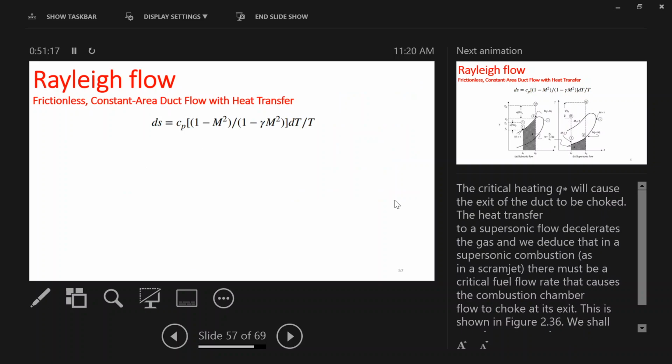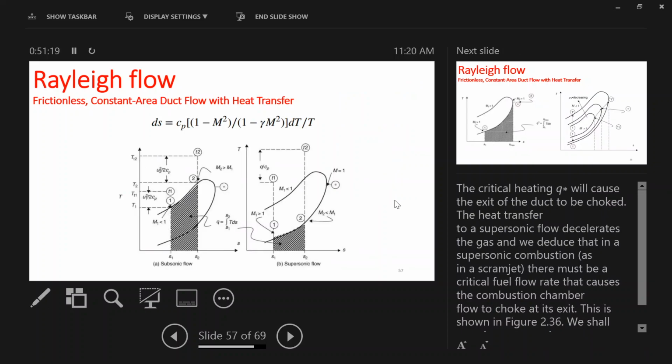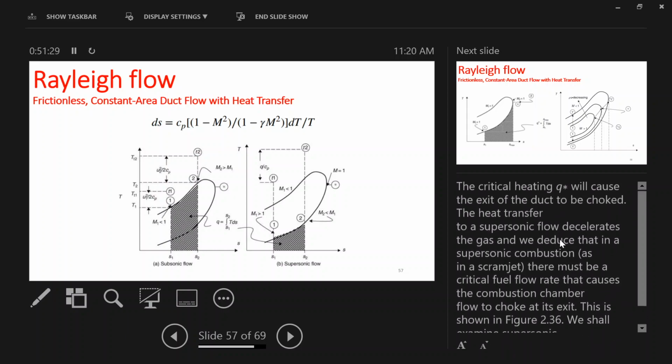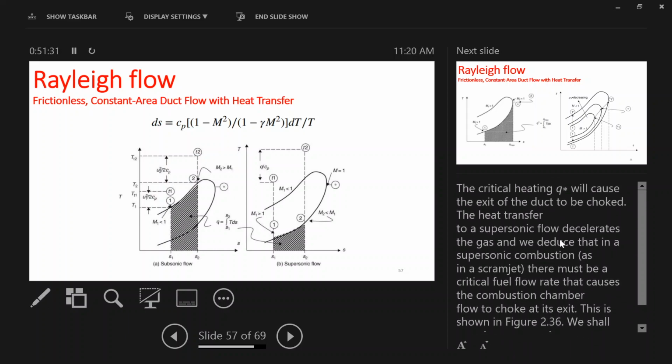Okay, let me see. So we can find the entropy using this equation as well. But yeah, let's say we have reached the sonic condition.